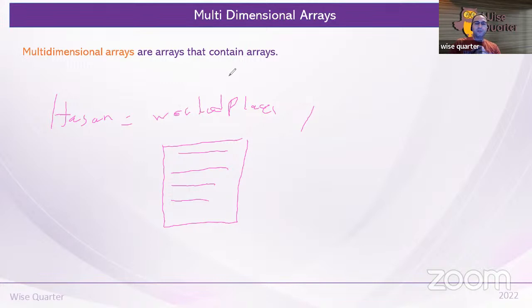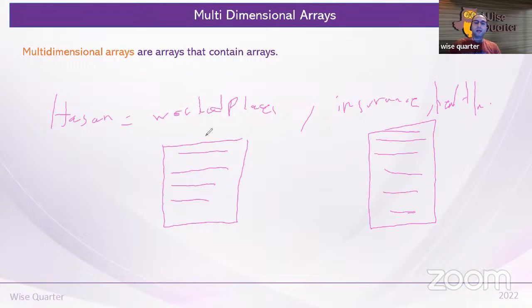What I'm trying to explain is, if you are storing sub information, you are creating a list. Hassan should have workplaces, insurance, health information, like this. Each one of them has different lists. You can use multi-dimensional arrays.